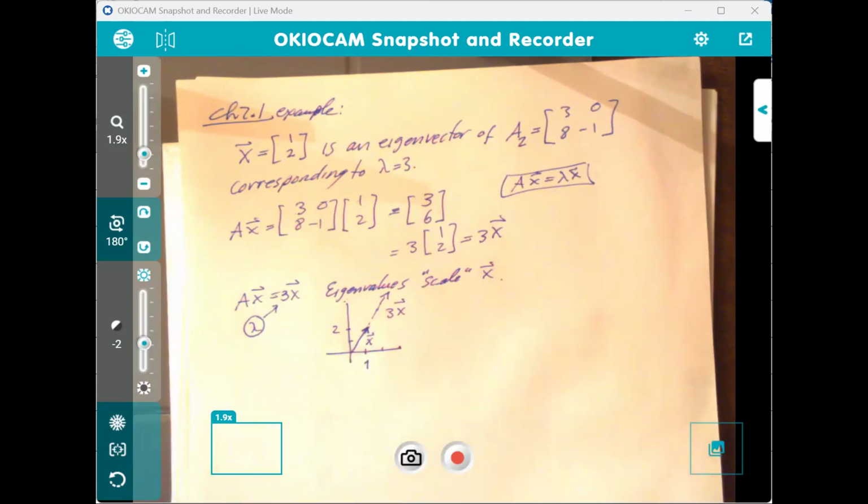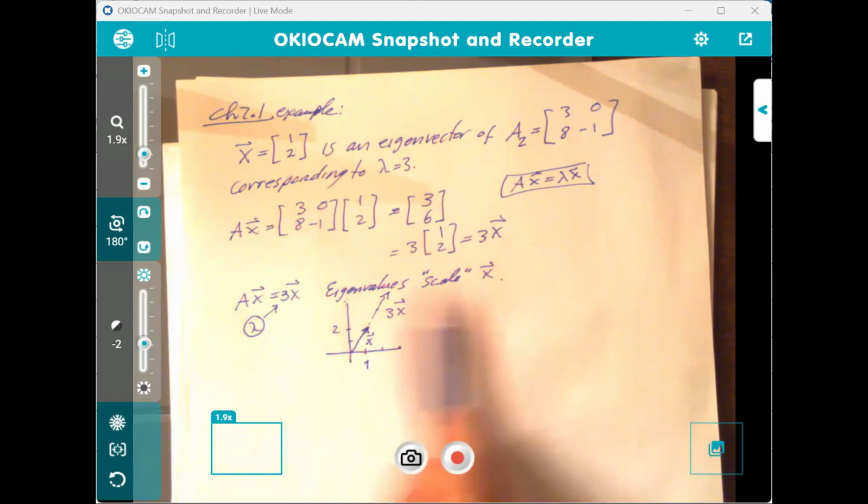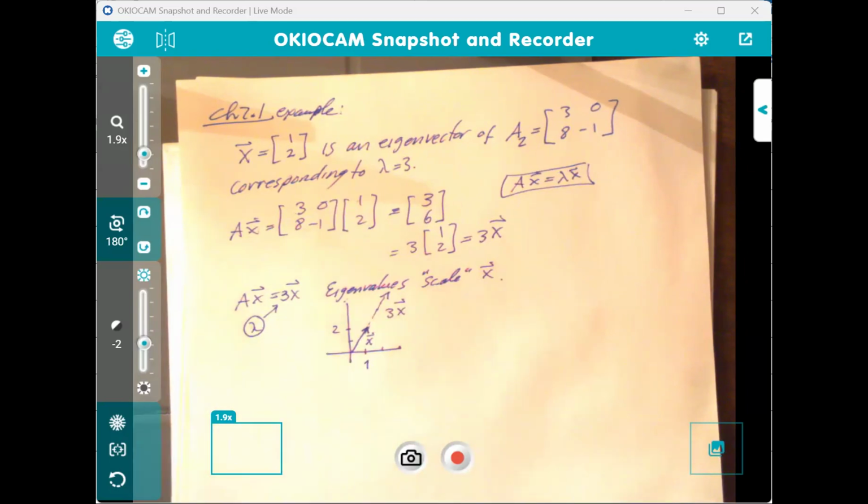So you can have a vector that's twice the size, 20 times the size, half the size. They're all scalar multiples of x. So for every eigenvalue, there are infinitely many eigenvectors, because every scalar multiple of x is also an eigenvector.